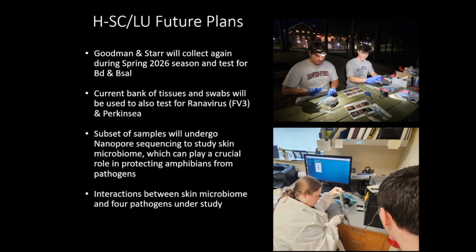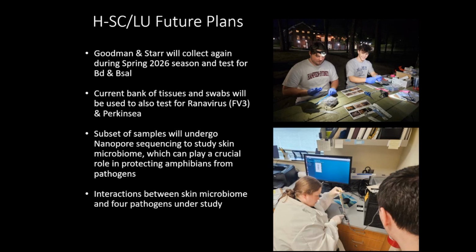My hope is that maybe through this network, others who have the ability could do that. For example, once we're set up, we could maybe take on testing from other places if we had a funding source. In terms of our labs generally, we're also looking at other pathogens. You may be familiar with ranavirus and Perkinsea as important amphibian pathogens.